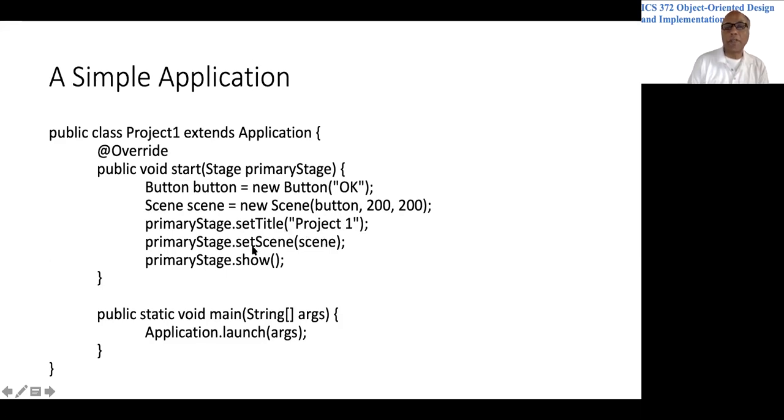We set the scene of the primary stage to the scene that we just constructed and display the stage. And that is the end of the program. If you run this, we should just get a window in which there is a button that says OK, nothing more. The title of the project would be, at the very title bar, you should see project 1.